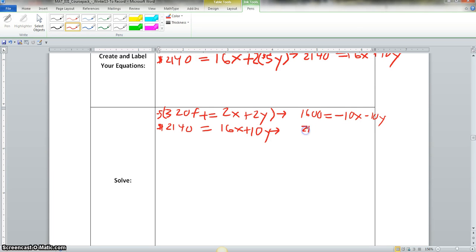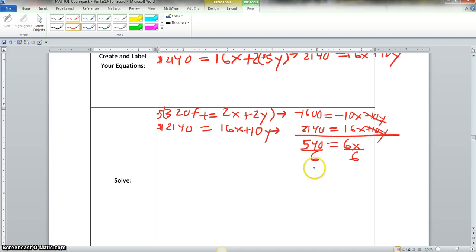Then we will write down our other equation, 2,140 equals 16x plus 10y. Now we add these two equations. Negative 1600 plus 2140 will give us 540. And that equals negative 10x plus 16x, which is 6x. These 10y simplify out.